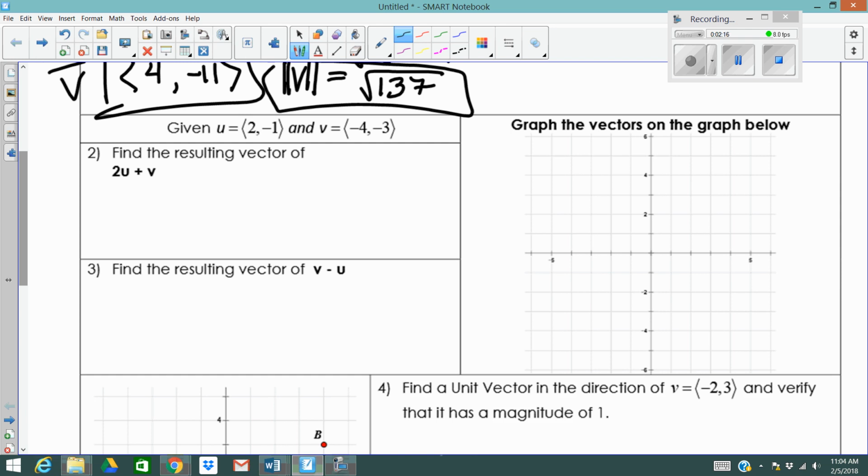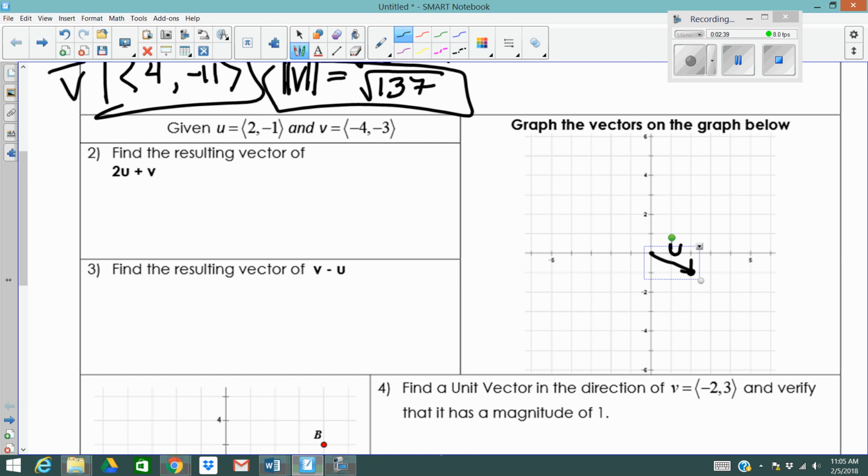If we have vector u graphically, if you're not given initial and terminal points, by default your initial point is the origin. So we're going to start at (0, 0), and then go right 2 and down 1, because it has a horizontal component of +2 and a vertical component of -1. So that is vector u.